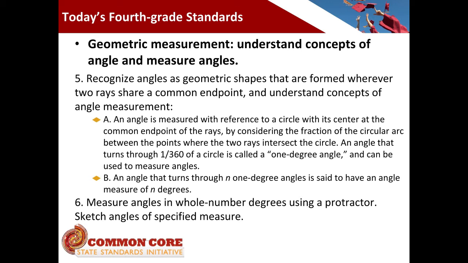They do mention specifically that how we measure angles is with reference to circles, as well as the idea of degrees. And so this idea of measuring a span is very different, since we're not really measuring any characteristics of the shape to come up with it other than the actual angular measure.